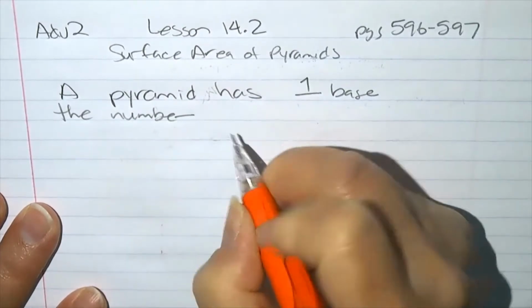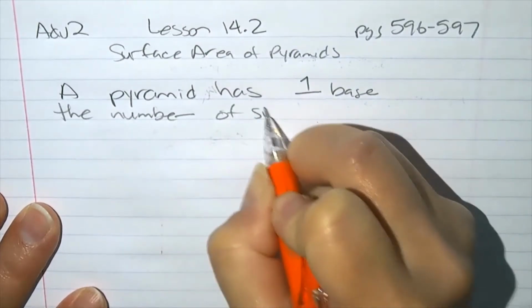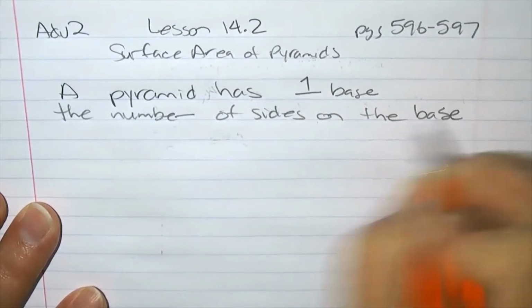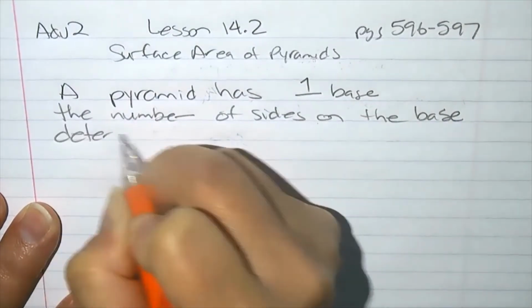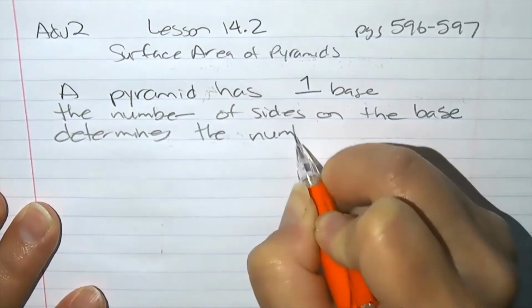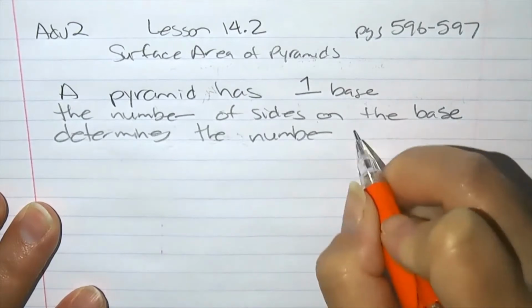The number of sides on the base determines the number of triangular faces.